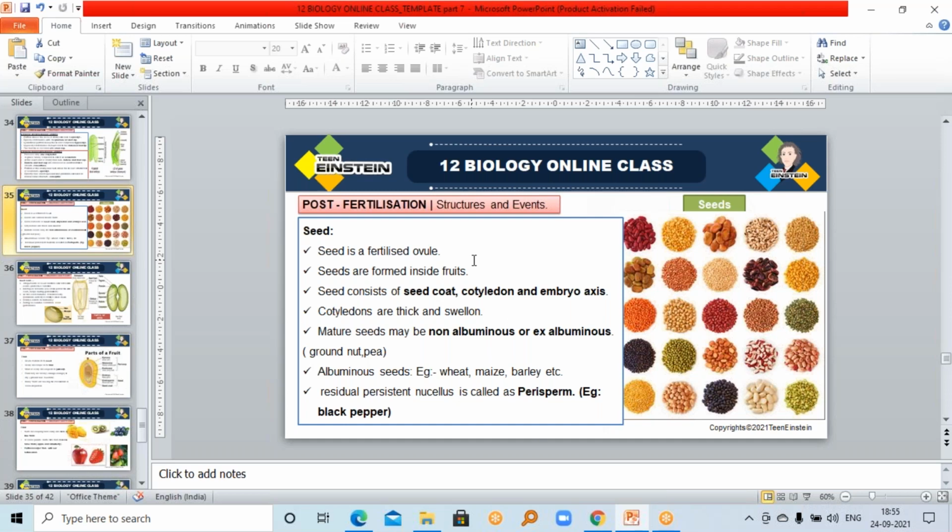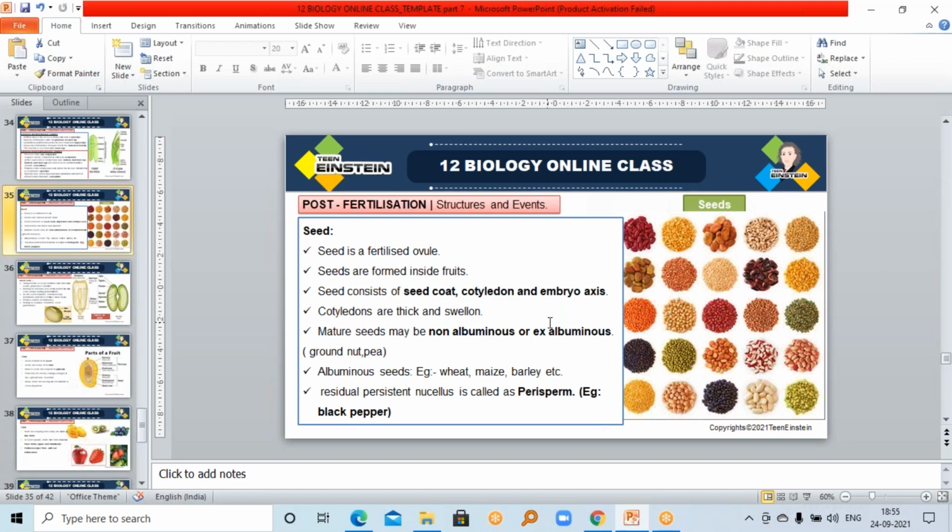Got it? And seeds are found inside fruits. Seeds have a seed coat, then cotyledons and embryo axis.